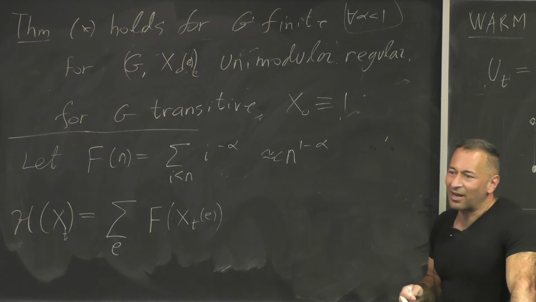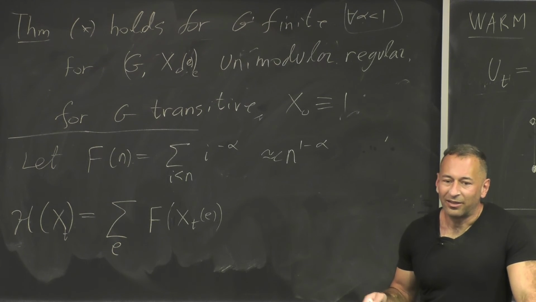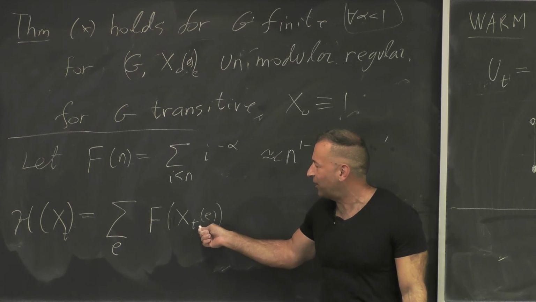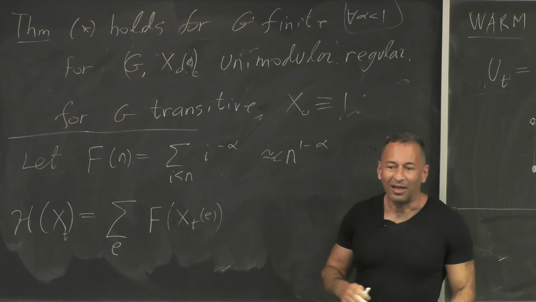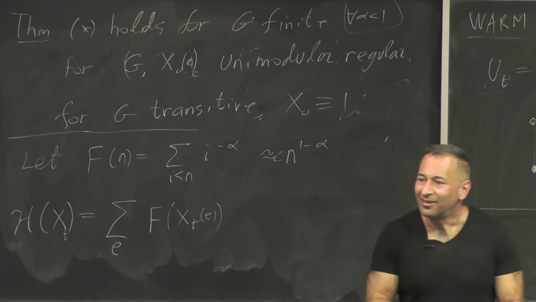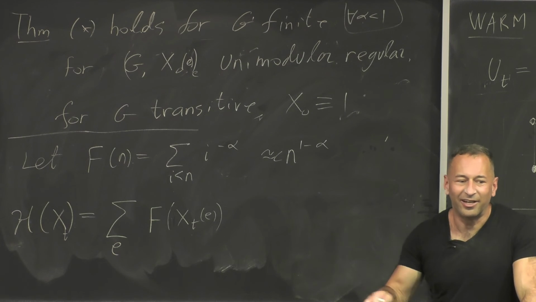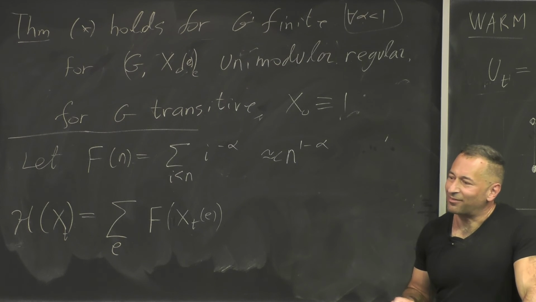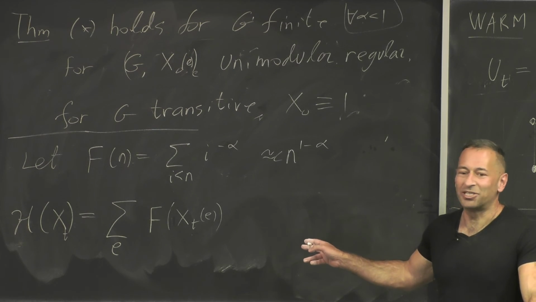On the other hand, we can ask what is the rate at which H grows? If we increase some x of e, then H grows by x of e to the minus alpha. You do some calculations, and you need to use some inequalities. You need to use Jensen and Hölder in various ways there. And you end up showing that the rate of growth is minimized also when the edge weights are all equal.